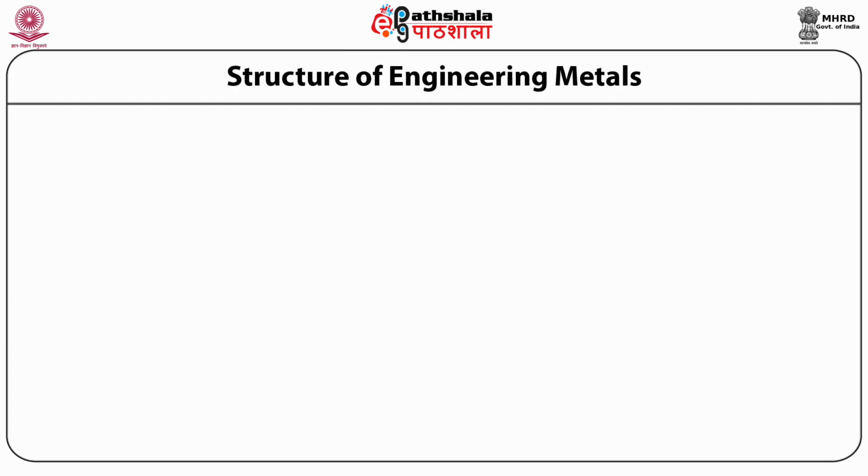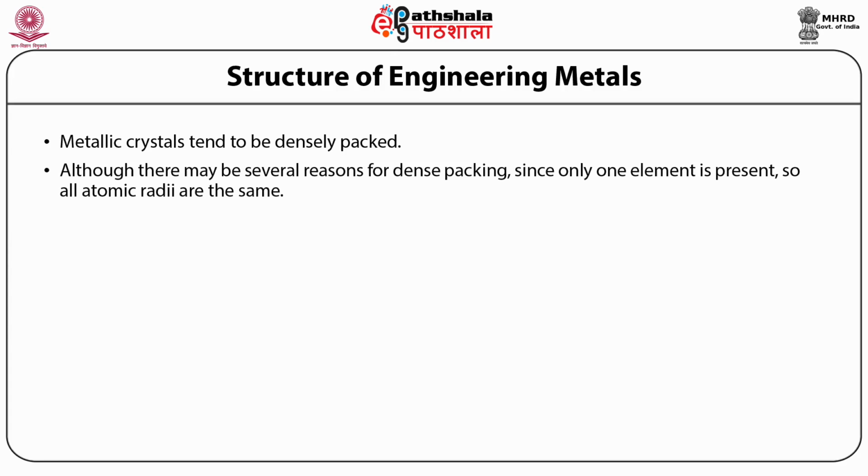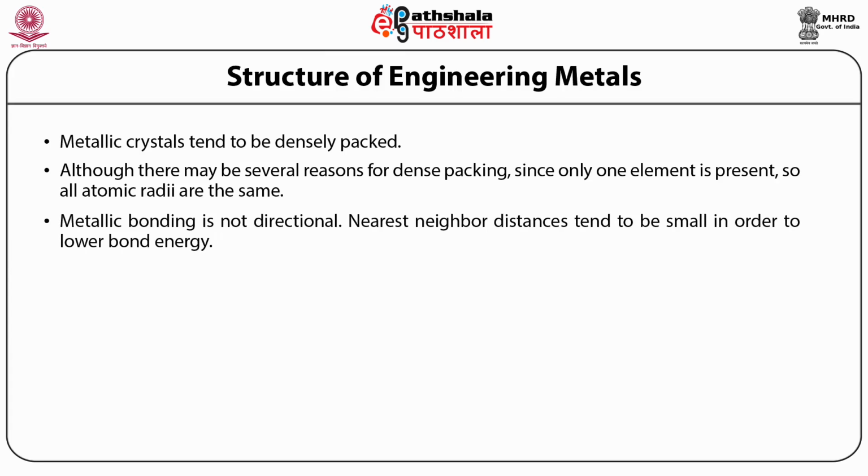Structure of the engineering metals. Metallic crystals tend to be densely packed, although there may be several reasons for dense packing. Since only one element is present, all atomic radii are the same. Metallic bonding is not directional. Nearest neighbor distances tend to be small in order to lower bond energy.